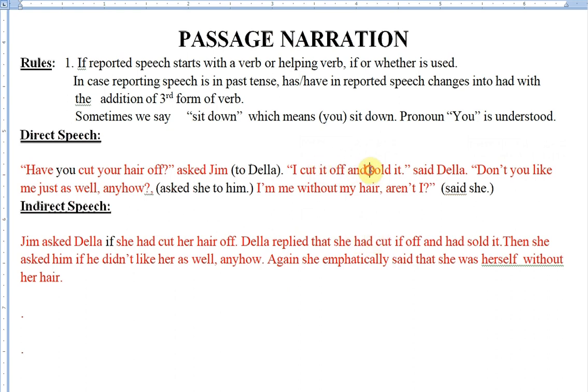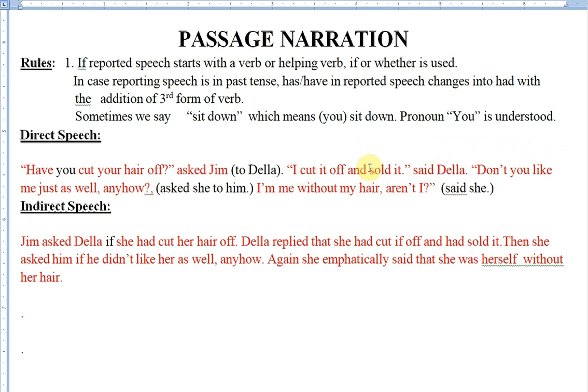As it's the past tense over here, if past tense is there in the reporting speech, we convert the past tense of the reported speech into past perfect tense. That's the reason it will be Della replied that she had cut it off and had sold it. There is a past tense outside, and inside there is also a past tense.